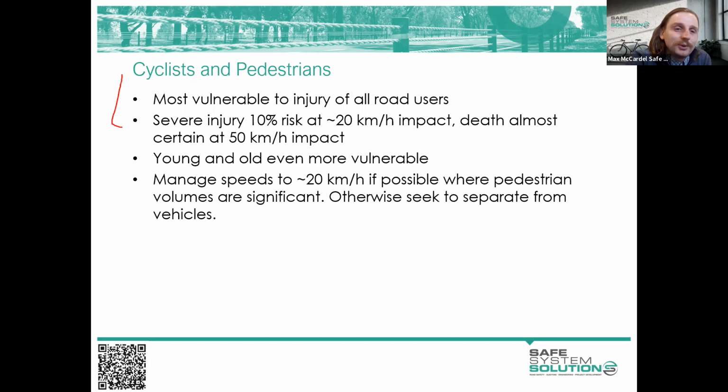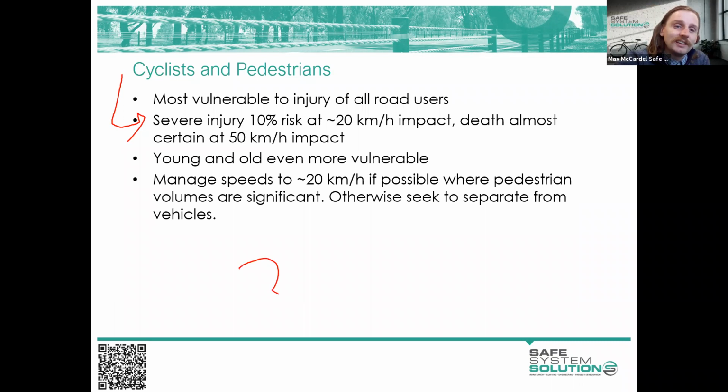The severe injury risk: a 10% chance of a severe injury occurs at just around the 20 km/h mark. So you may remember from previous modules where we had that exponential risk increase. It's actually at the 30 km/h mark, because that is the risk curve associated with fatal crashes.